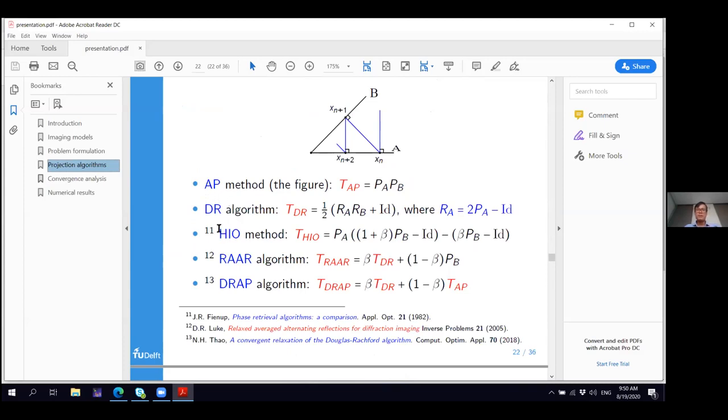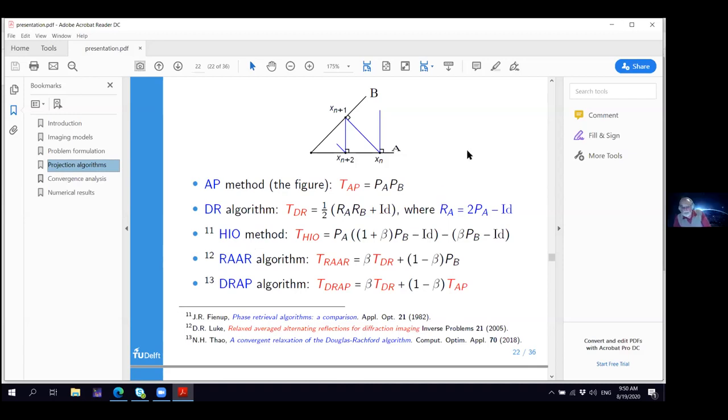So we have modifications of Douglas-Rachford, which we call relaxed versions of the Douglas-Rachford algorithm, for example Fienup's hybrid input-output, RAAR and DRAP. We checked them, and these two algorithms seem to be the best for the phase retrieval problem so far, because for a problem with 5 or 7 images, about 10 iterations is sufficient for retrieval.